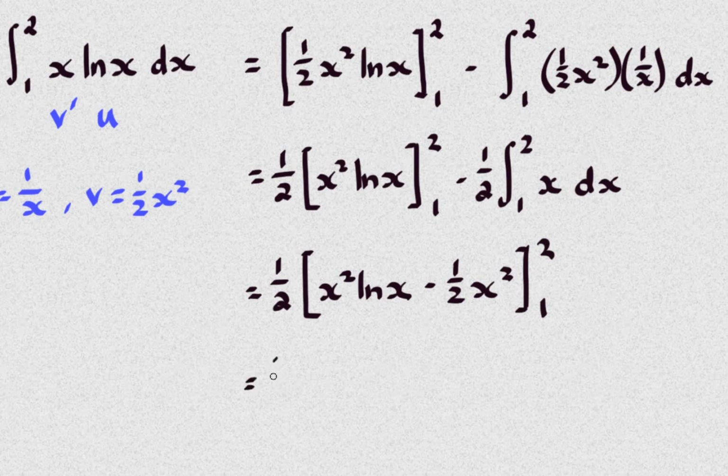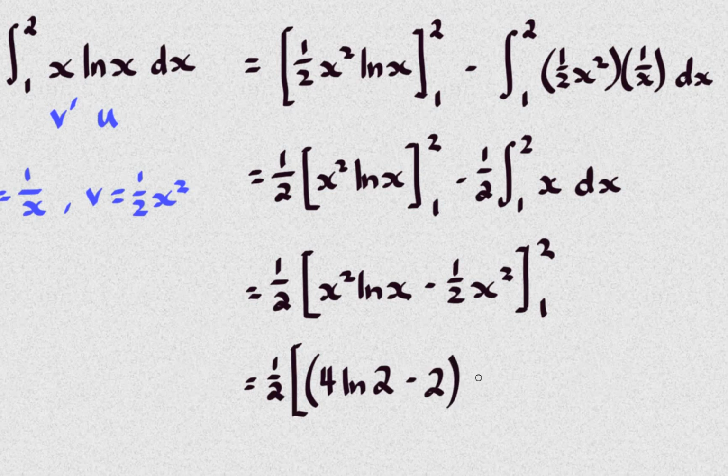And so this whole thing, we now have to apply the fundamental theorem of calculus. So first up, when we substitute in 2, what do we get? Well, 2 squared is 4, so we get 4 times ln 2. Minus, and then we have half times 2 squared, so half of 4, so 2.